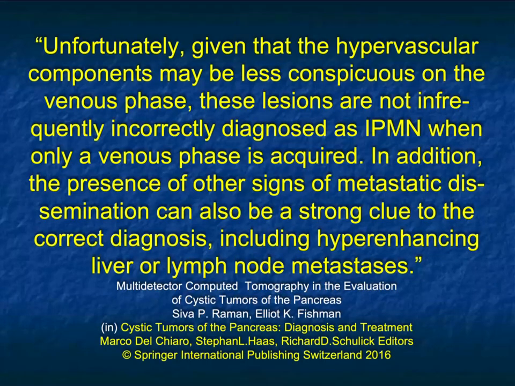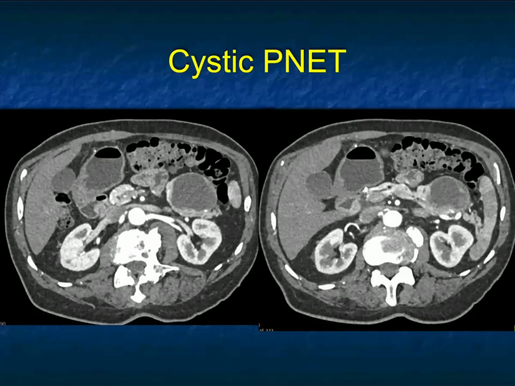In this article by Rahman, we mentioned that given that hypervascular components may be less conspicuous on venous phase, these lesions are not infrequently incorrectly diagnosed as IPMNs when only a venous phase is acquired. So again, something very important, going back to the first talk about the importance of protocols and how we do things to make sure we do things correctly.